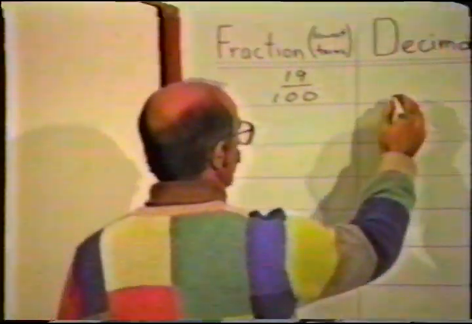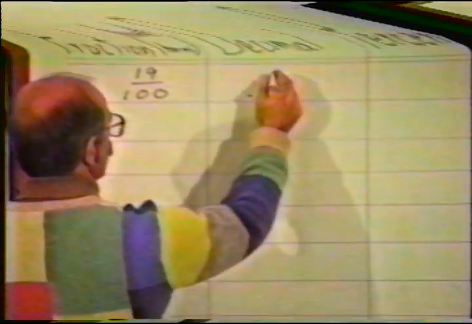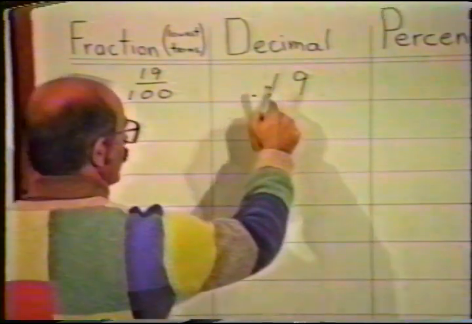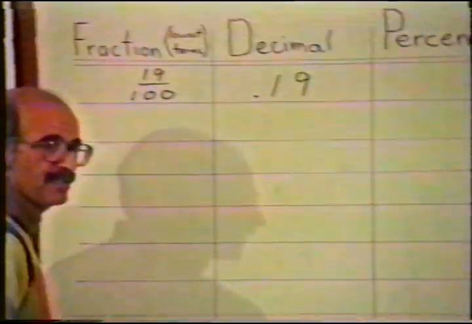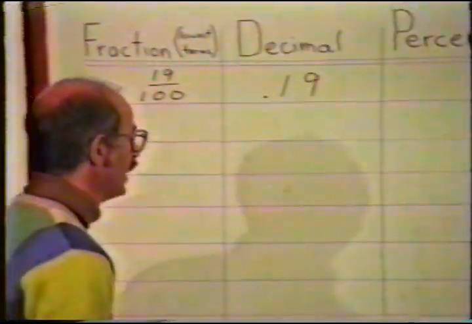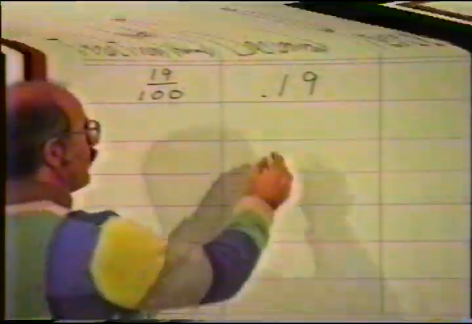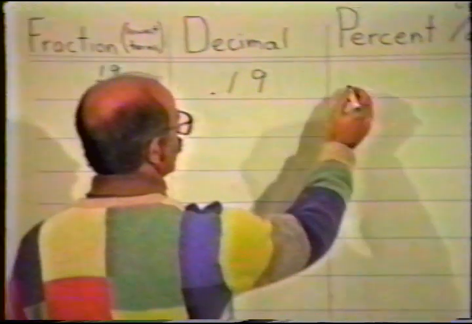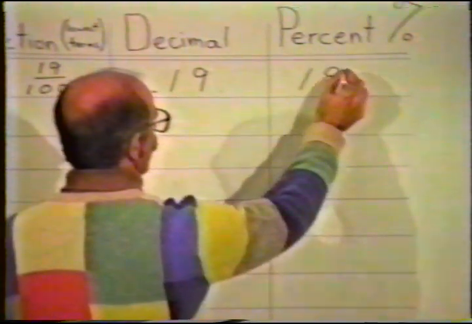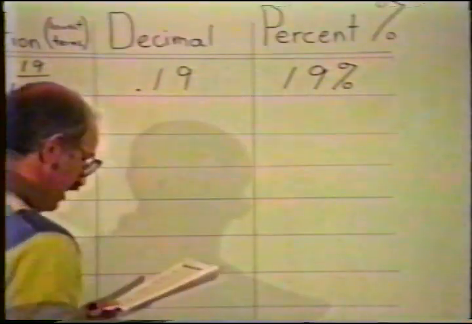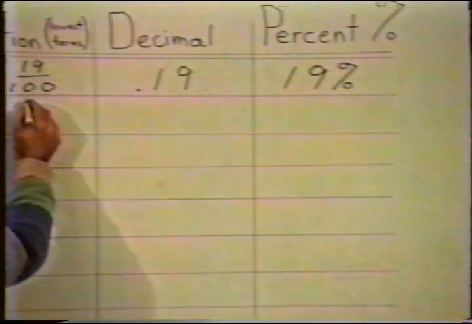And we'll just write that as a decimal. The number is 19, and we had to go out to the 100th place to say the 19. To turn it into a percent, we move the decimal point 2 places to the right and add on a percent sign.